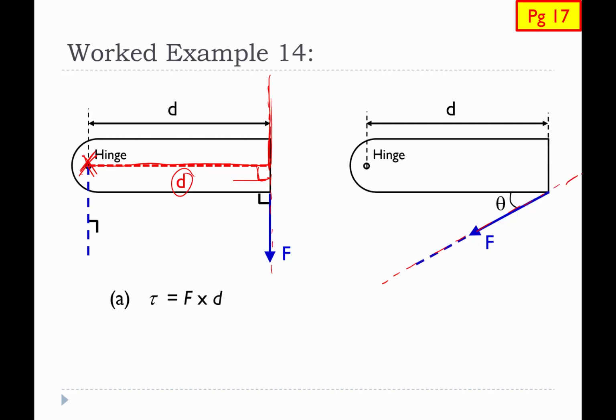So the extended line of action, and then the distance from the hinge to the line of action. The point of intersection needs to be 90 degrees because we are looking for the perpendicular distance. So the perpendicular distance will be calculated based on a right angle triangle: d sine theta, the component of d. So the moment is just the product of force and d sine theta.